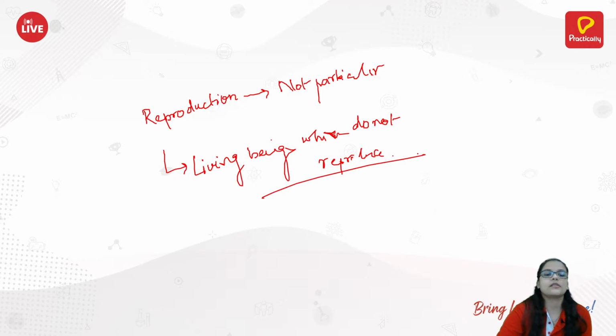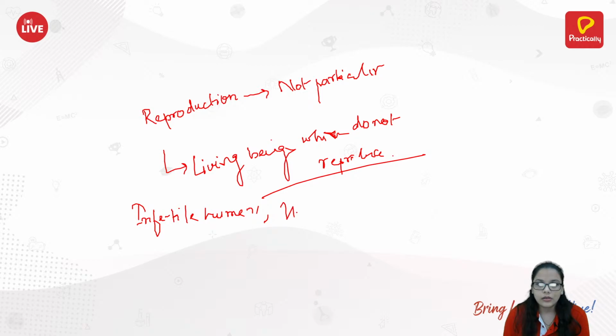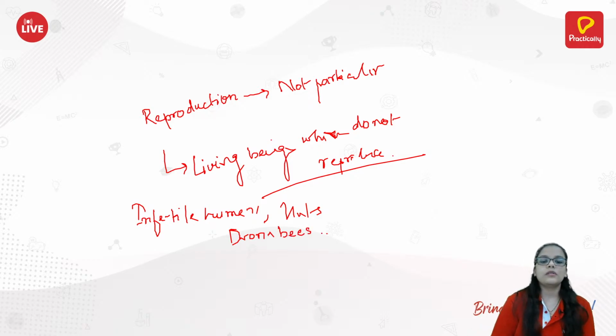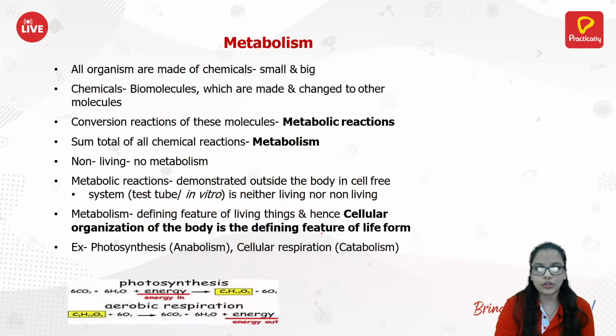Okay, such as, I'll just write it so that you remember it: infertile humans and mules, sorry, and then there are drone bees. So infertile humans, mules and drone bees do not take part in reproduction.